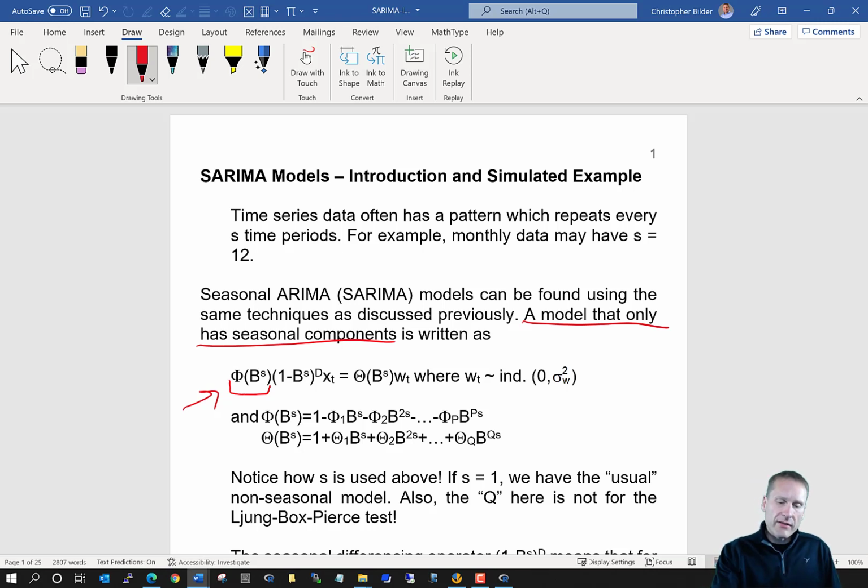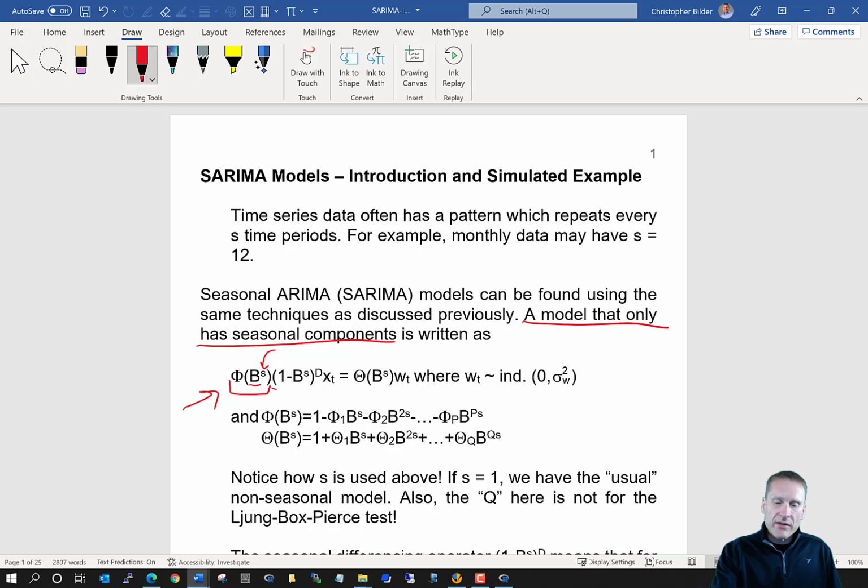Also, take a look at inside this parentheses there. We have the B as we've seen before, but now we have that backshift operator raised to the S power, where S is the season. So if I had monthly sales data, S would be 12.